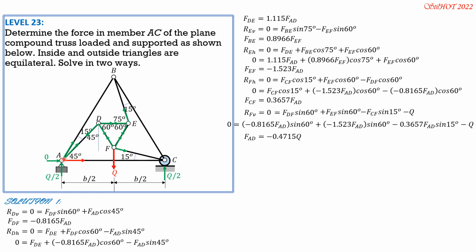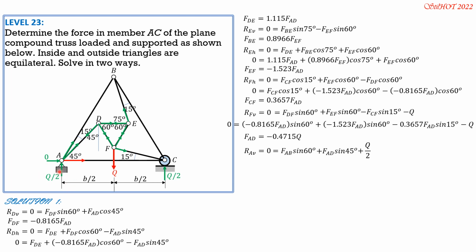We have to solve FAB first in terms of Q by setting RA vertical equals 0, or summation of forces vertical equals 0 at joint A. So 0 equals FAB sine of 60, the vertical component of FAB. The angle it makes with the horizontal is 60. Then plus FAD sine of 45.